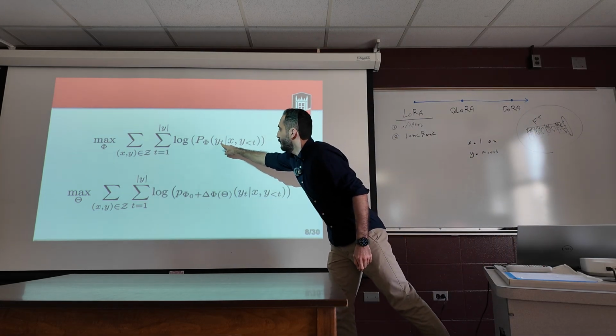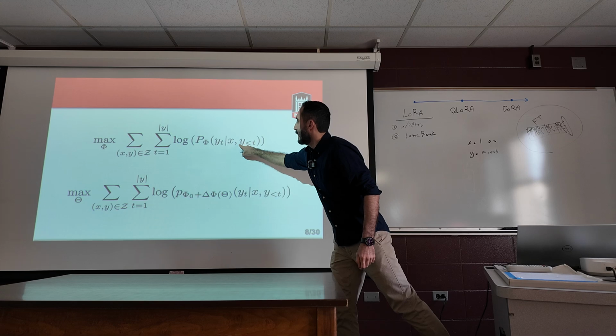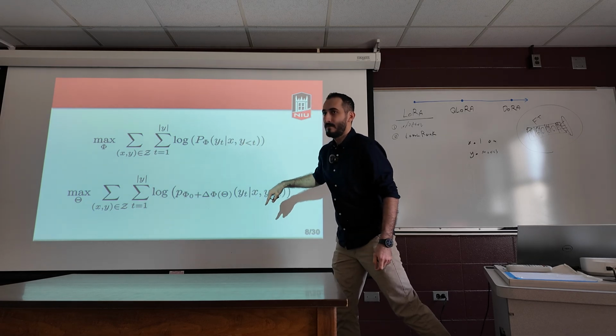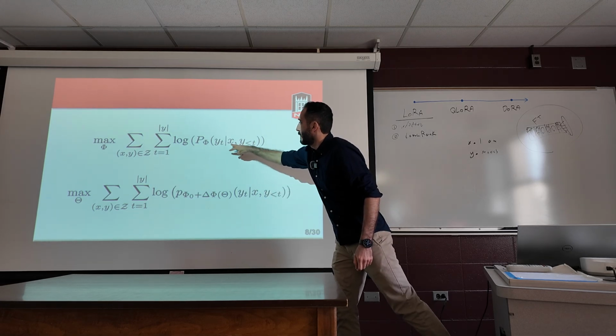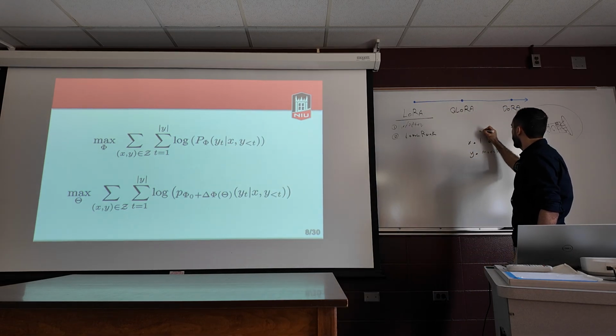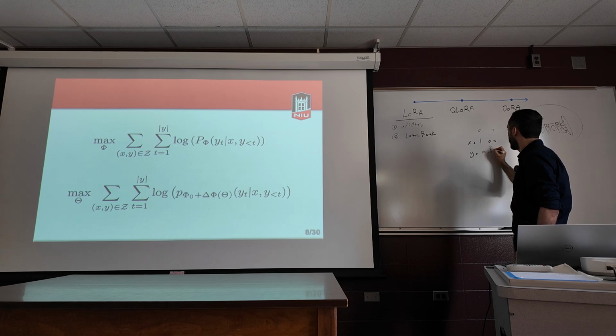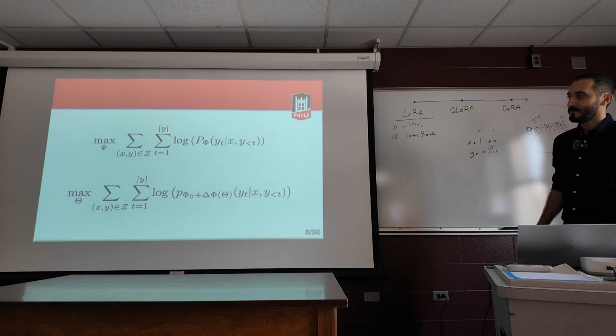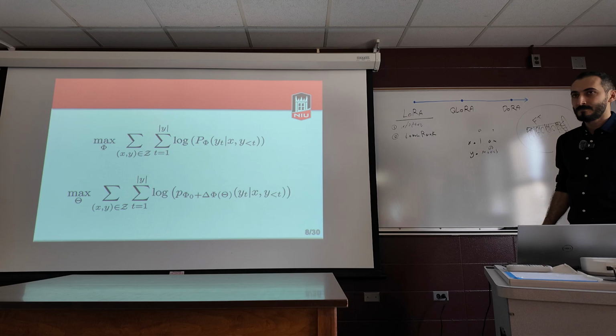Here we want to predict the token at T based on all these values that we have, the weights and y_t. T here is 0, it's 1, and T for me is 2. Based on X, why do you want to base it on y less than T?